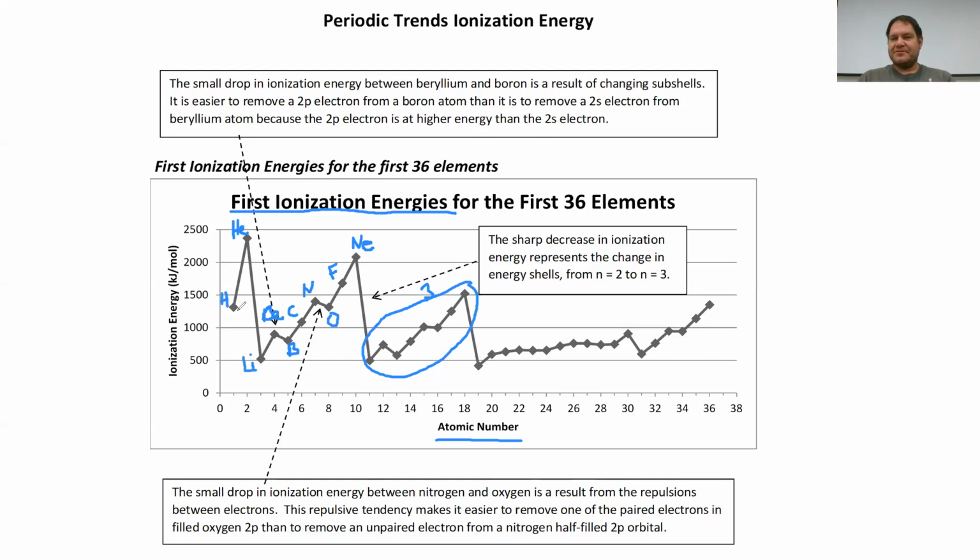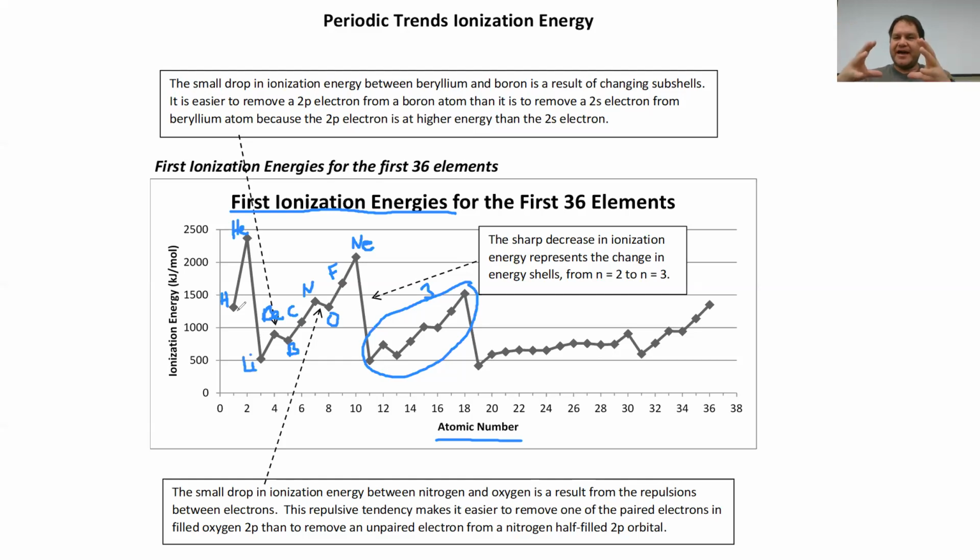So there's going to be a stronger electrostatic force of attraction on the valence shell. And remember, we remove the valence electrons first. So not only does adding more protons shrink the atom, it also creates a stronger attraction and makes it harder to remove an electron.